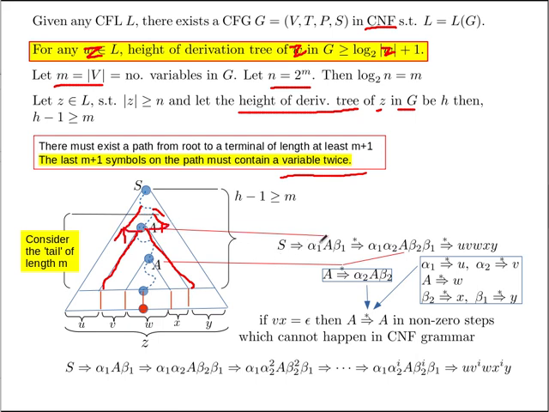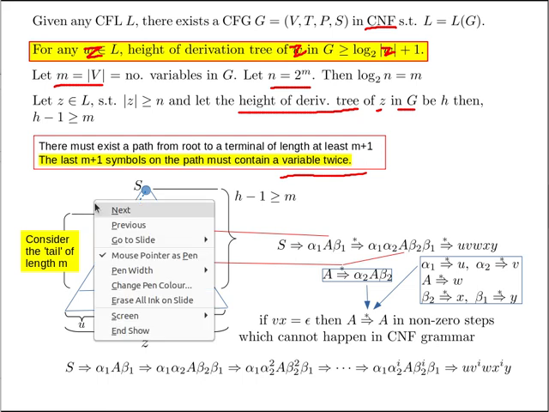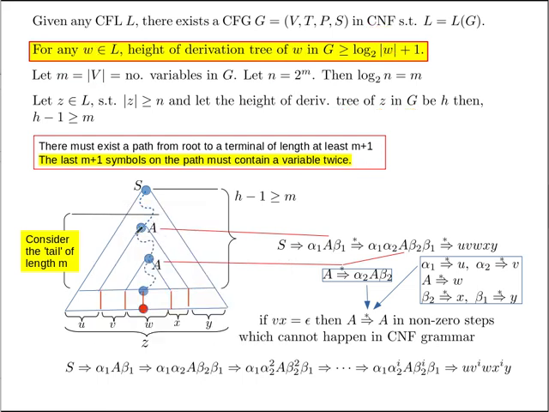Up to this point, it was alpha 1, A, beta 1, and then whatever A was here, starting from here, now you have another A, right? And again from here, this A expands into something. If you consider this A, again you have something going to the left and something going to the right.